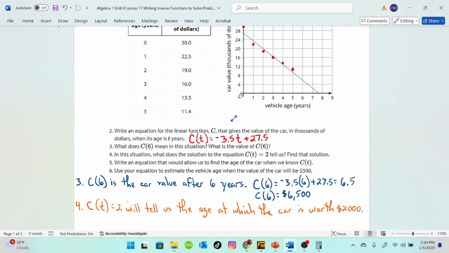Now they want us to find that solution. So what we can do, if c of t equals negative 3.5 times t plus 27.5, then we can set these two equal.